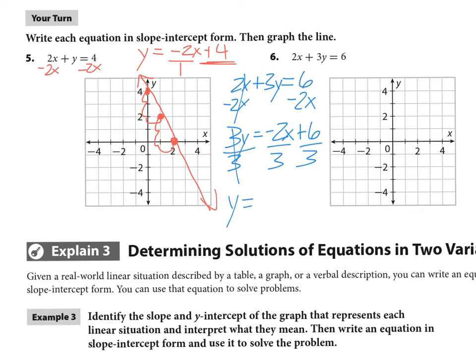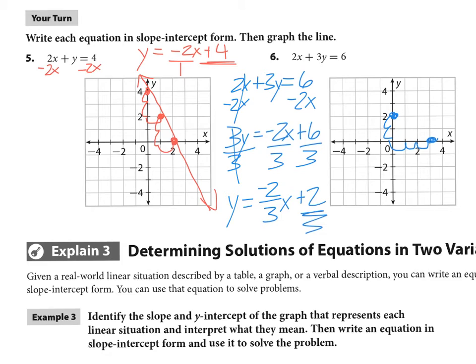Now again, in this context, you want to leave your slope as a fraction, okay? So negative 2/3 x, and then 6 divided by 3 is 2. So now I start at 2, my starting point, my y-intercept. Then I use my slope, which means I'm going to go down 2 to the right 3. Very good. Put a point.